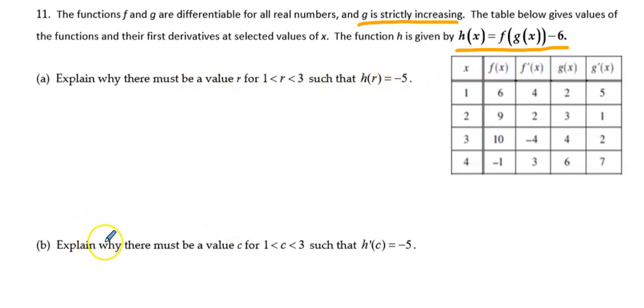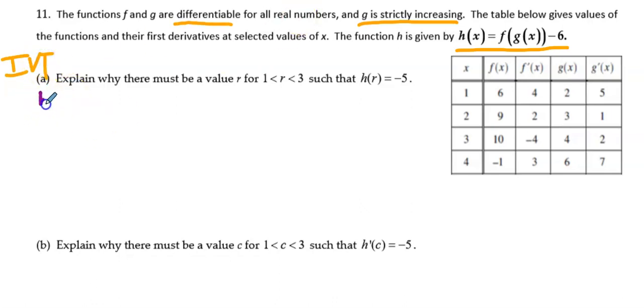And then down here it says explain why there must be a value of c on the interval from 1 to 3 such that h prime of c is equal to negative 5. I always tell students that if you see something's differentiable, that's the most important thing here. And for h of r equal to negative 5, there's no derivative here. So I'm thinking IVT.